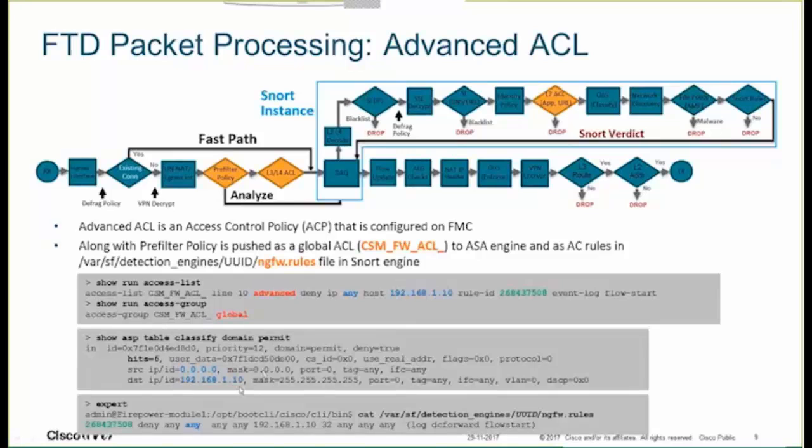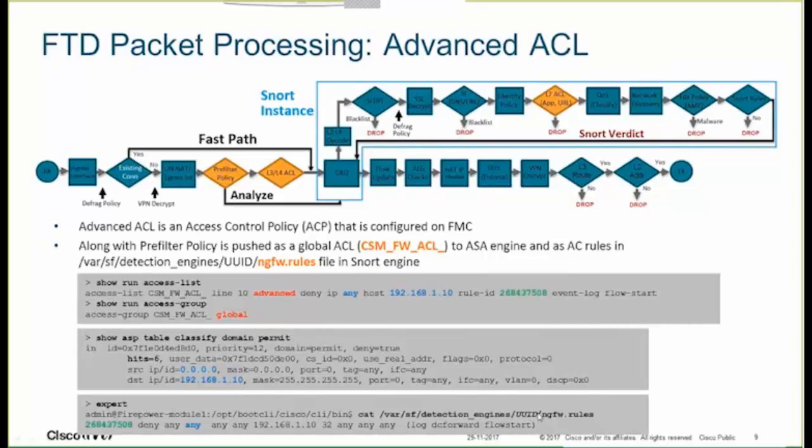But in this case, since we are actually denying the traffic, we see the deny action set to true. Now, the same rule we can verify from the Snort side. On Snort, we save these rules as NGFW rules. We store these rules under the location /var/sf/detection_engines, followed by the UUID of the detection engine.